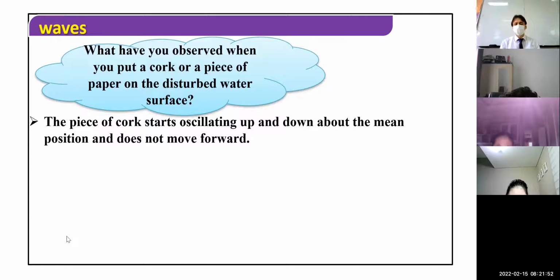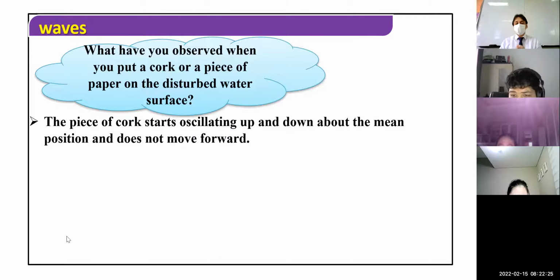So now, if the ball is not moving, the piece of paper is not moving forward, the cork is not moving forward, then what is going forward? Waves are going, children. Disturbances are going. Ripples are moving. And basically the other word, energy, energy is being transferred from the point where the stone has been dropped to another point.